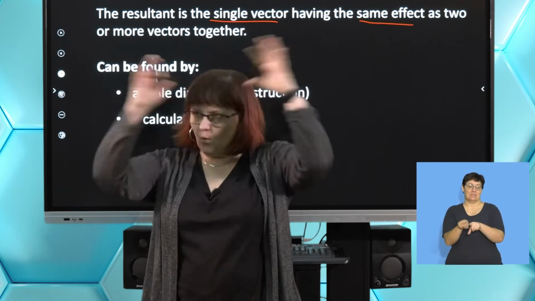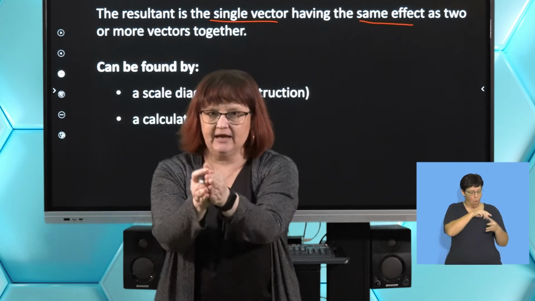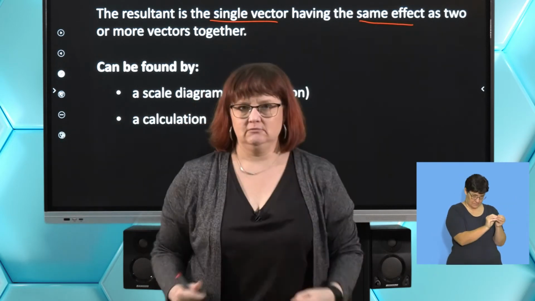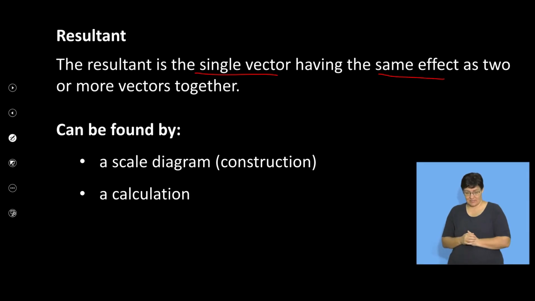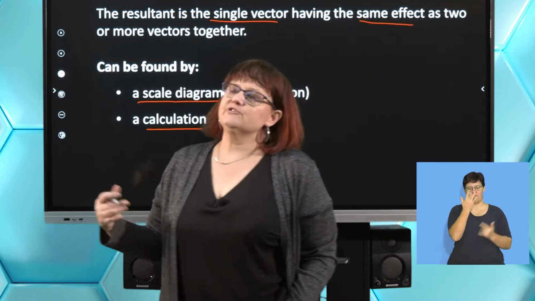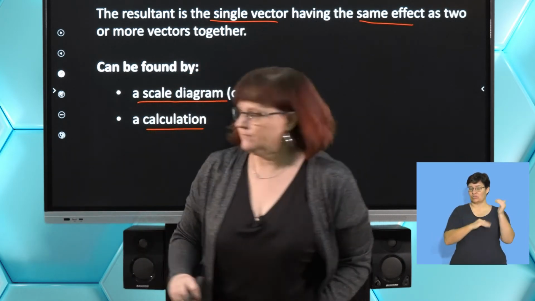So we take lots of things and make them into one. There are 2 ways we can do this: by a scale diagram, in other words by construction, and by calculation. I prefer calculation, but construction helps us understand.